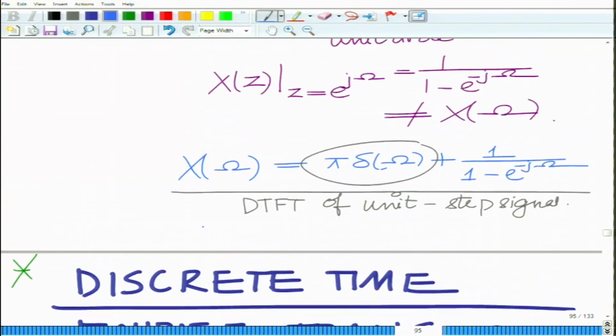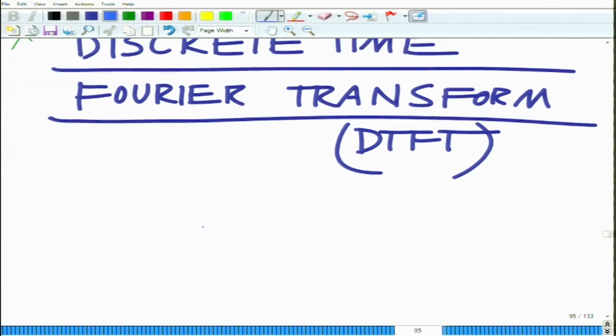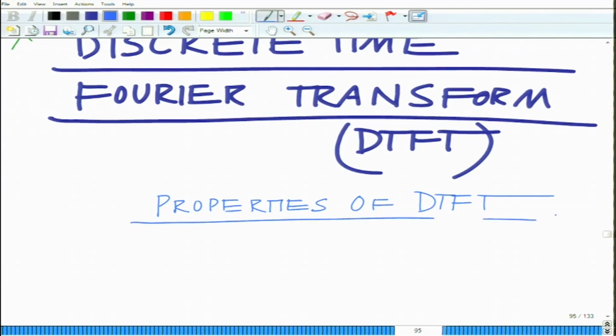We have looked at the DTFT of a unit step signal. Let us continue our discussion with the properties of the DTFT of any aperiodic signal x[n].